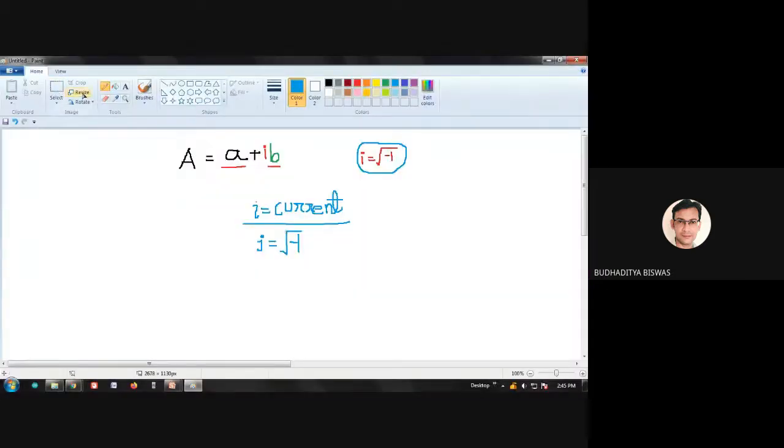The meaning is that, suppose we have a phasor like this, and say this one is P. How to represent j into P, here in this figure, in a pictorial way?